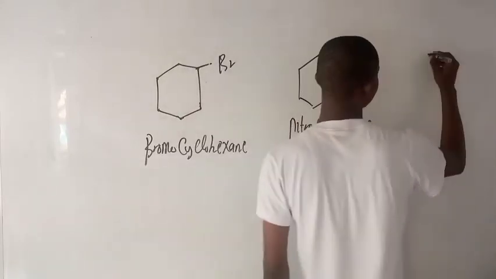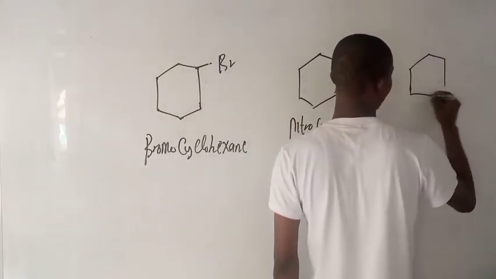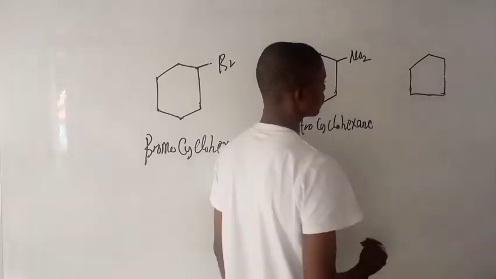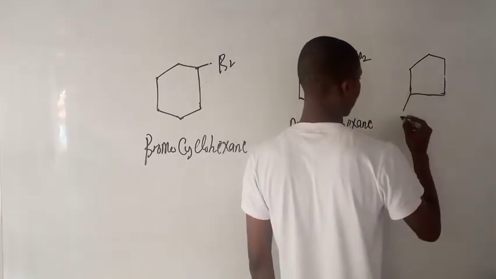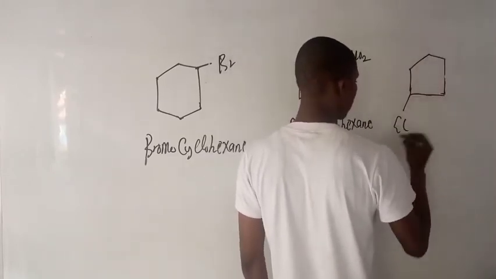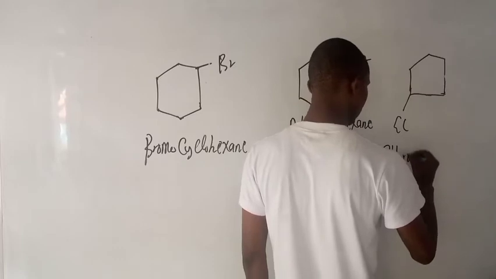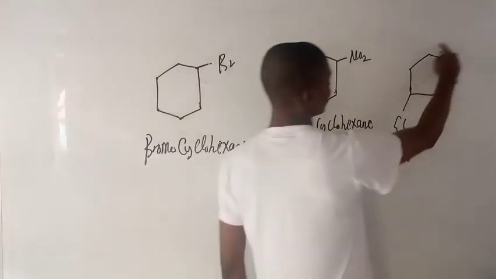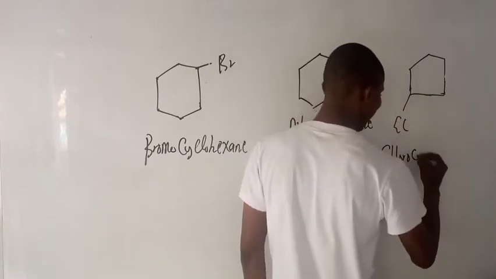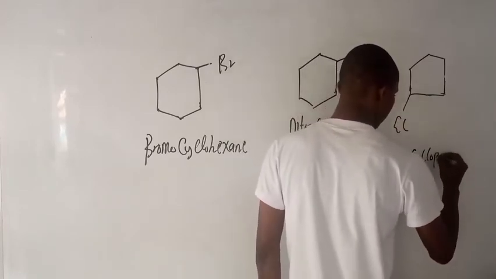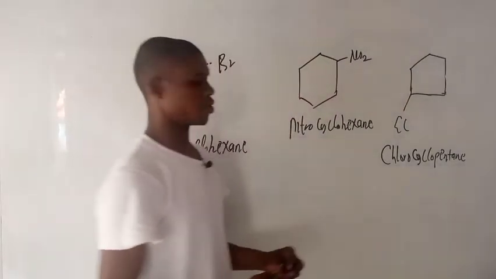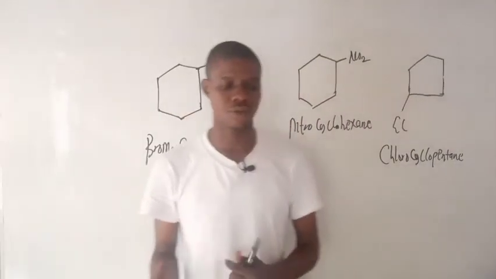If I have something like this, maybe you have Cl, what is the name? Here we have chloro, and then the ring is called cyclopentane, so chlorocyclopentane. This is what you want to take notes on.